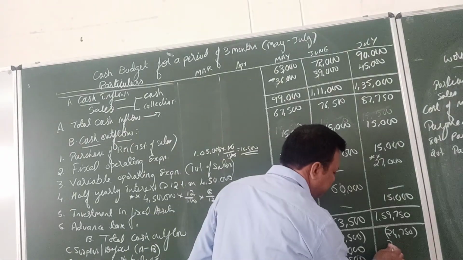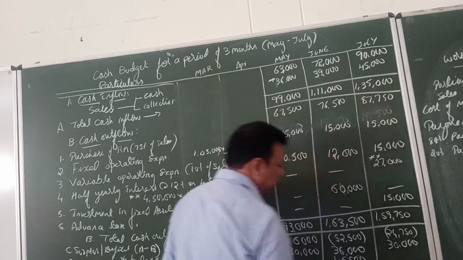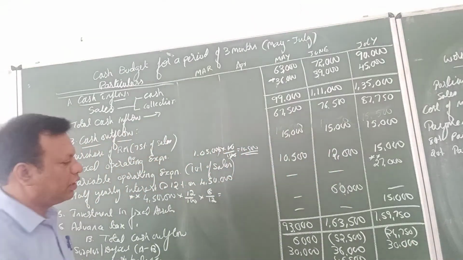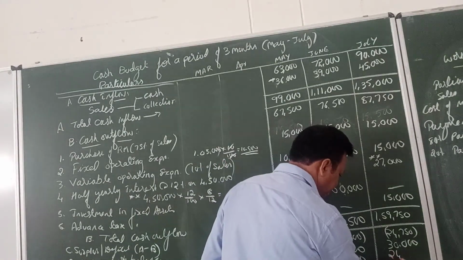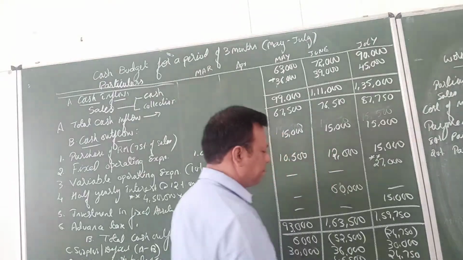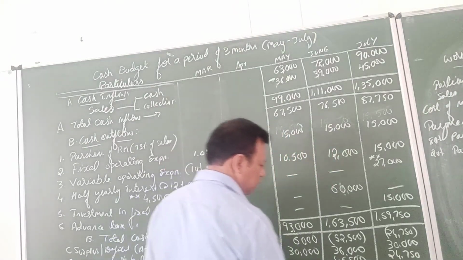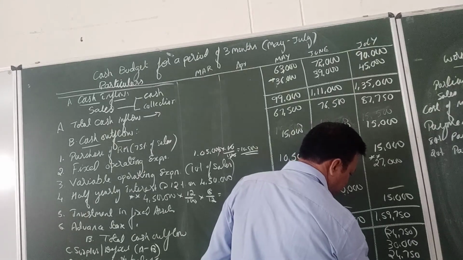So opening balance we get 30,000. Okay. Again we have to borrow how much? 24,750. There is no question of repay.